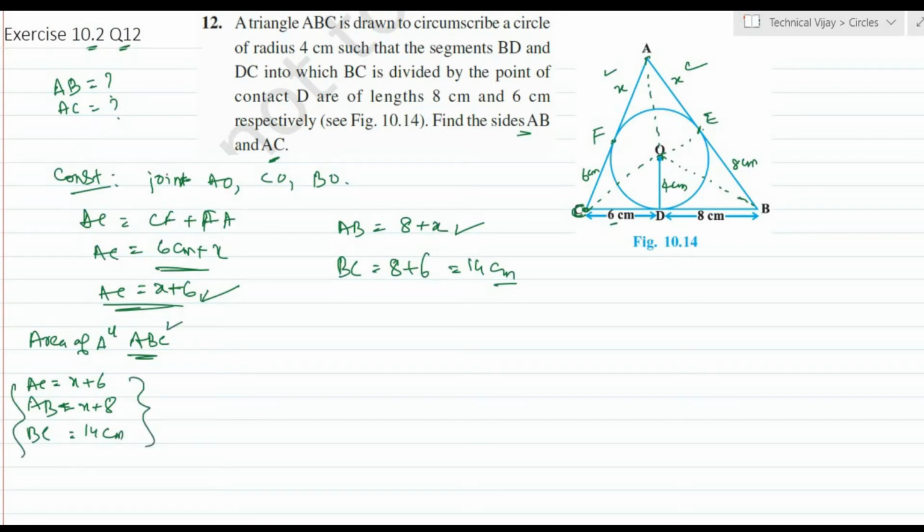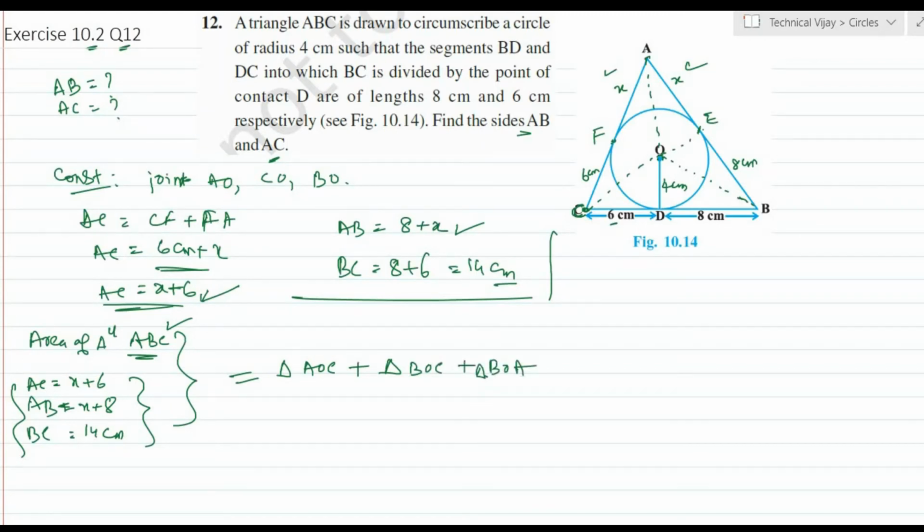So we have to find out triangle ABC area. So by knowing this area, we have to equate it to the sum of these three triangle areas, that is area of triangle AOC plus area of triangle BOC plus the area of triangle BOA.